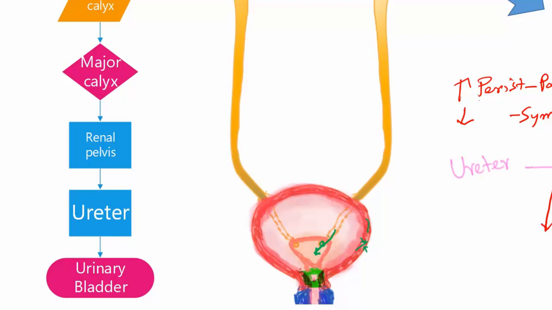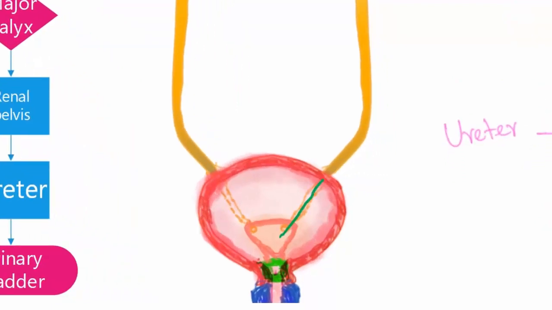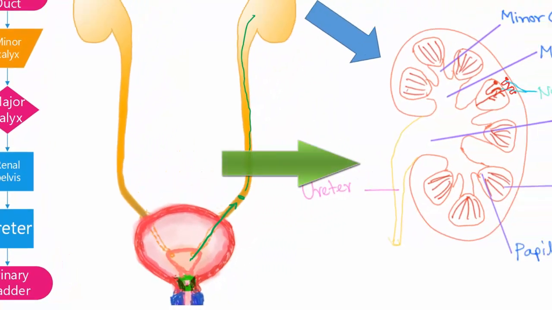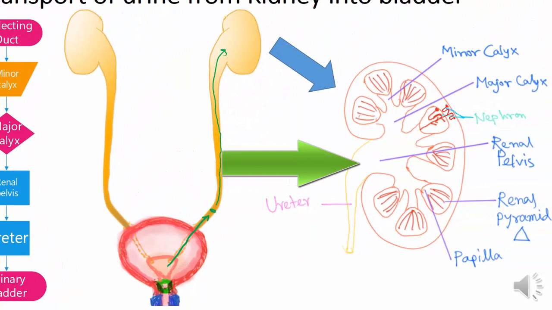So urine is propelled backward into the ureter. It will make the ureter pressure increase and the ureter will be enlarged, and this back pressure also goes to the renal pelvis, and from the renal pelvis to the calyxes.